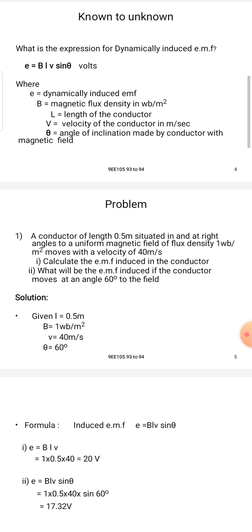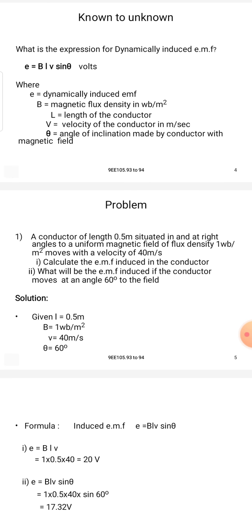There are many exercise problems, and I will explain a few example problems. Last class we solved a few problems on Faraday's laws, and today's class is problems on dynamically induced EMF.